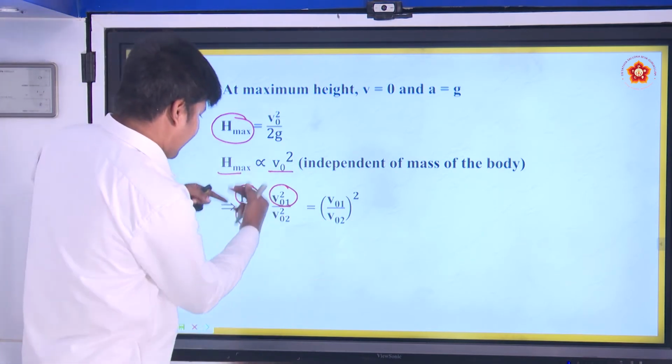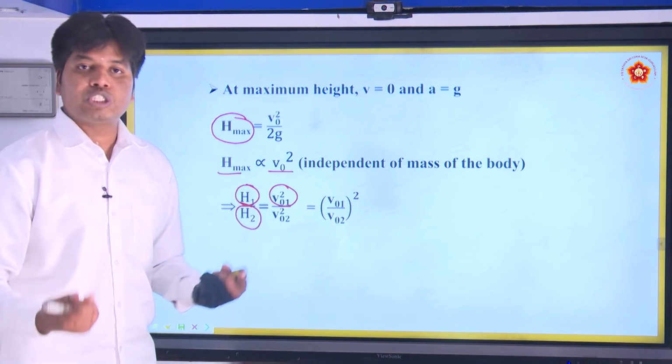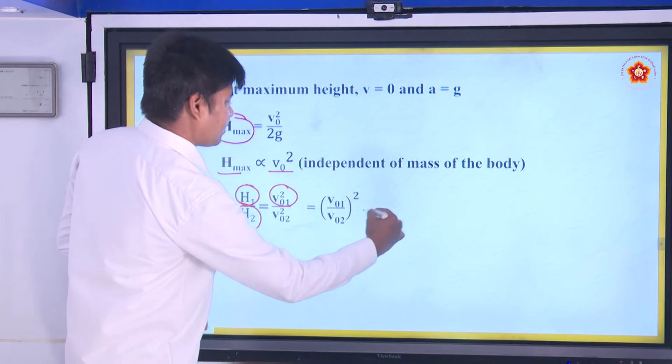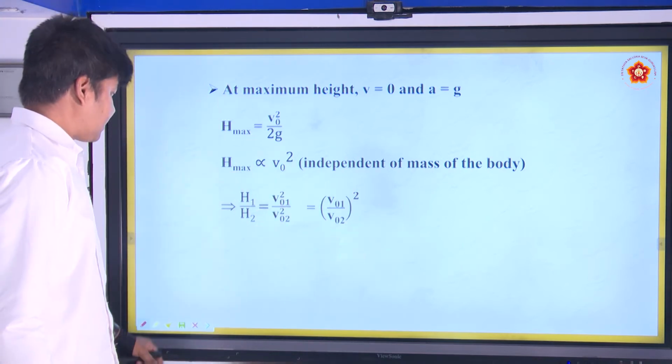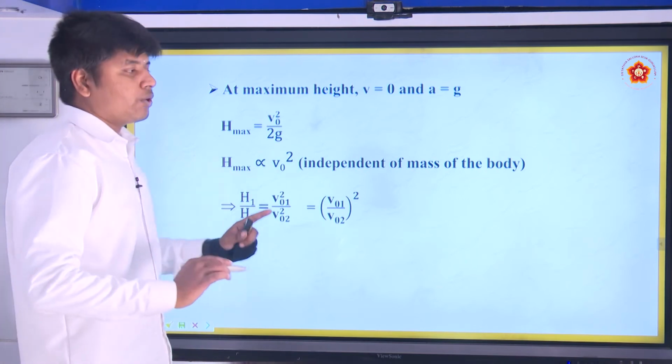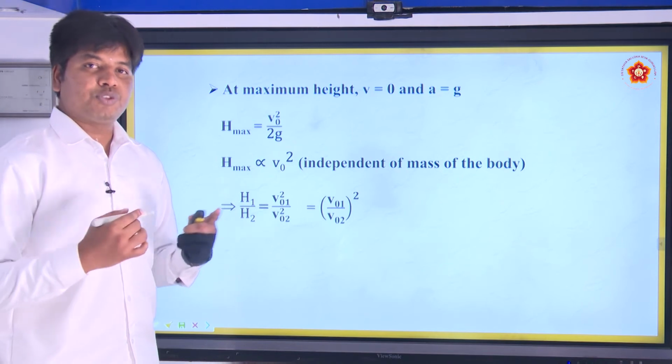The ratio of their heights is nothing but the ratio of the initial velocities whole square. So that is what is given, because they are related in this fashion. All right, these are the small things you can play with in the equations and analyze conceptually.